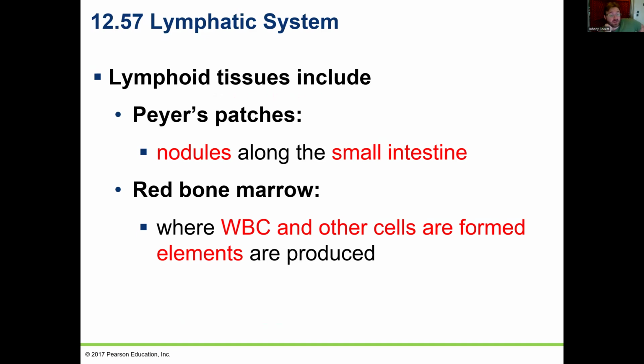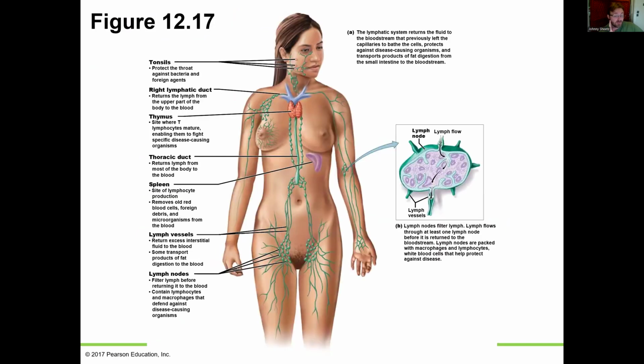Another example of lymphatic tissue is going to be the Peyer's patches, which are nodules that line the small intestine, as well as red bone marrow, where white blood cells and other cell elements are going to be formed and produced. So the marrow is considered part of the lymphatic system as well. And here showing the different lymphatic node systems.